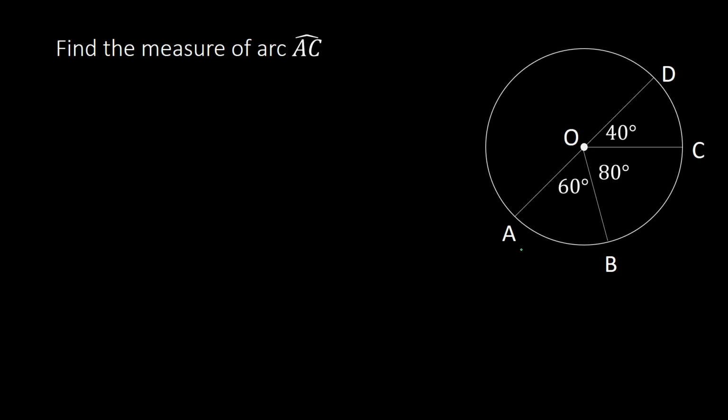Next, we're told to find the measure of arc AC. So if we know angle AOB is 60, then we know BOC is 80, and then DOC is 40. Using that information, we're trying to find the arc from A all the way to C. So notice the angle that creates that arc.